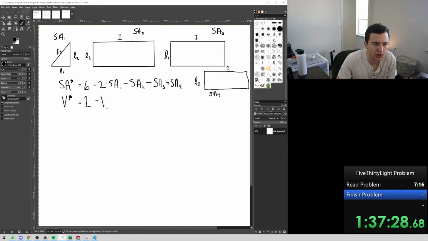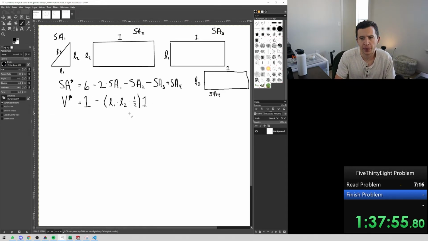I can just write out the math for it. People will understand. It's L1 times L2 times 1/2 times the length, which is 1. And that represents the new volume.